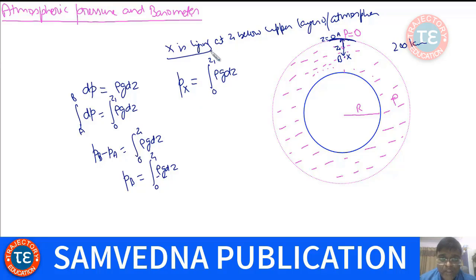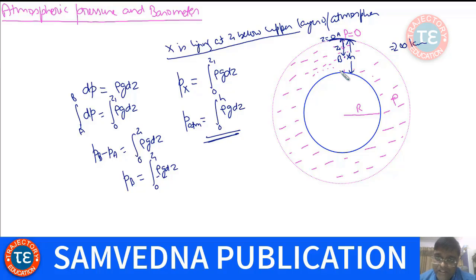If I want the pressure just above the Earth's surface, which we call atmospheric pressure, it is the integral of rho g dz from 0 to the total height h of the atmosphere, 200 kilometers. That's the atmospheric pressure.